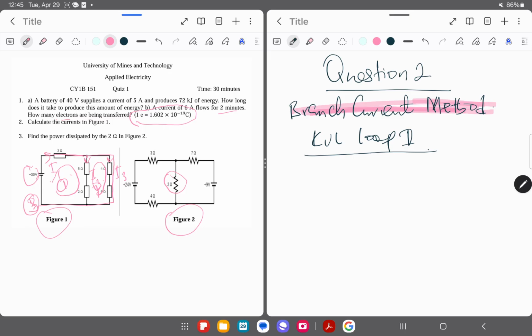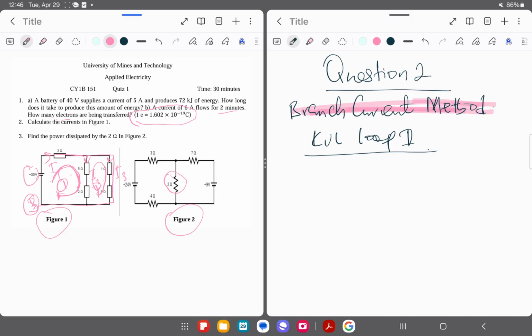You can see I'll be moving clockwise, so we are moving from the 30 volts clockwise back to the same place. Now I'll go ahead and indicate the polarities on the resistors.